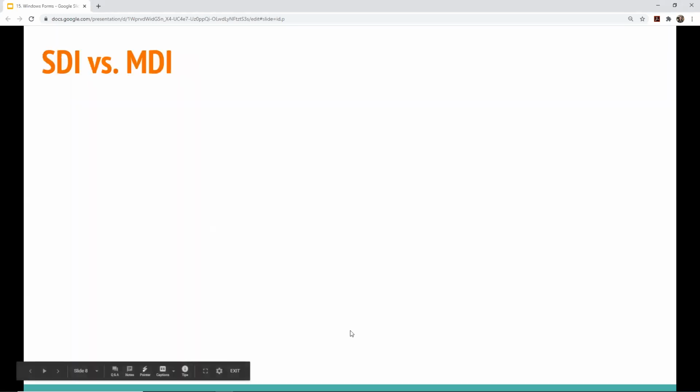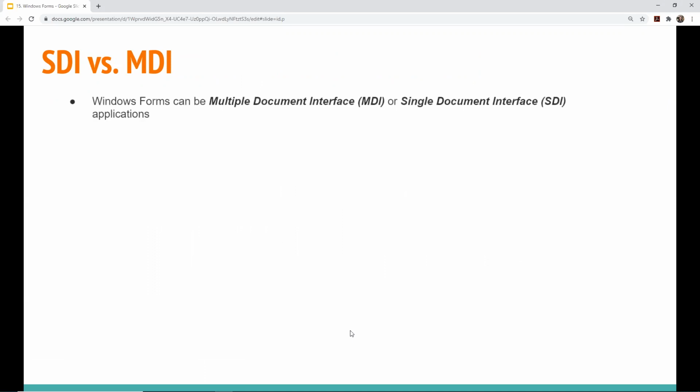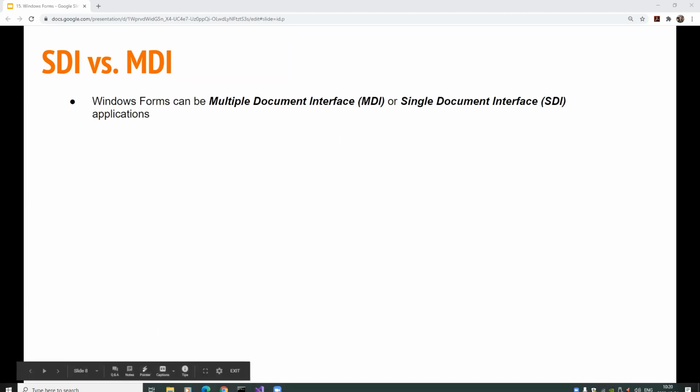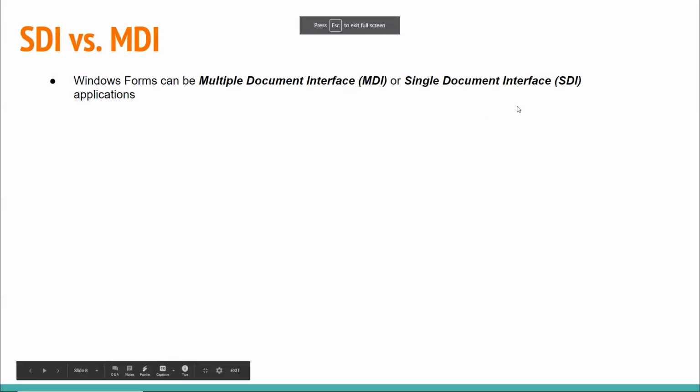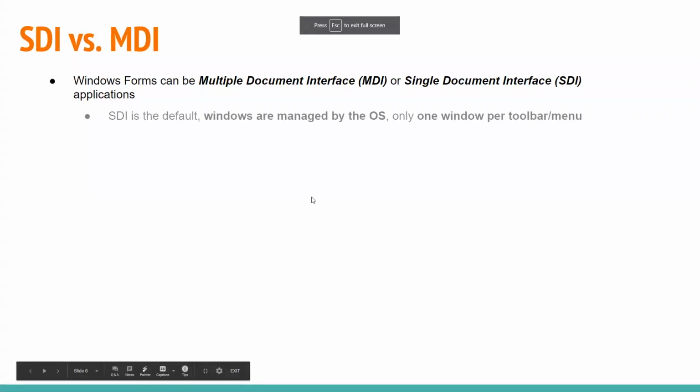Okay, the next thing is this distinction between what they call single document interfaces and multiple document interfaces, because there's lots of ways to handle this problem. In order to explain what they mean by this, I'll explain it first and then I'll show you. Previously, we've been doing the example first and then explaining. We're going to switch things up with this part.